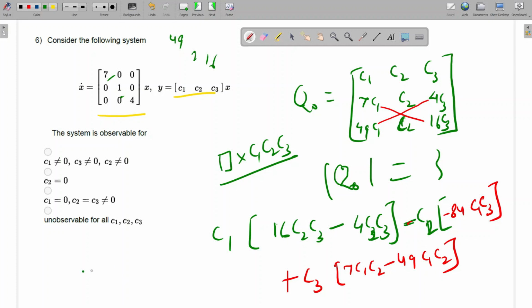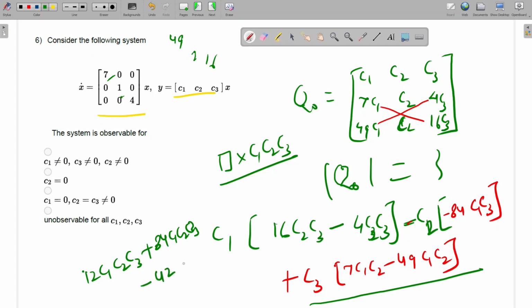So 12 C1 C2 C3 for the first term, plus 84 C1 C2 C3, and the last will be 7 minus 49. How much will it be? Minus 42 C1 C2 C3. How much will it be in total? 12 plus 84 minus 49.